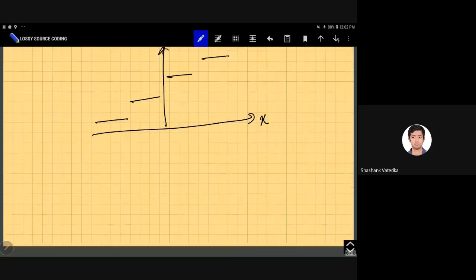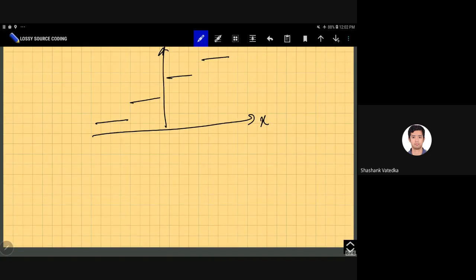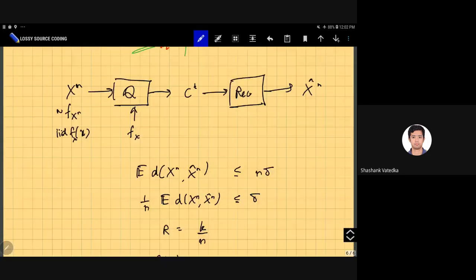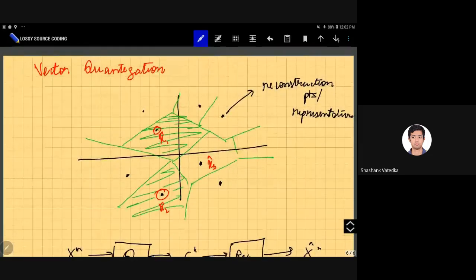For vector quantization, for example 2D vector quantization, you can think of it in terms of a graph, well, not even a three-dimensional graph. It has to be in 4 dimensions. So really the right picture to look at is this. If x lies in one particular region, then that particular point is the representative.